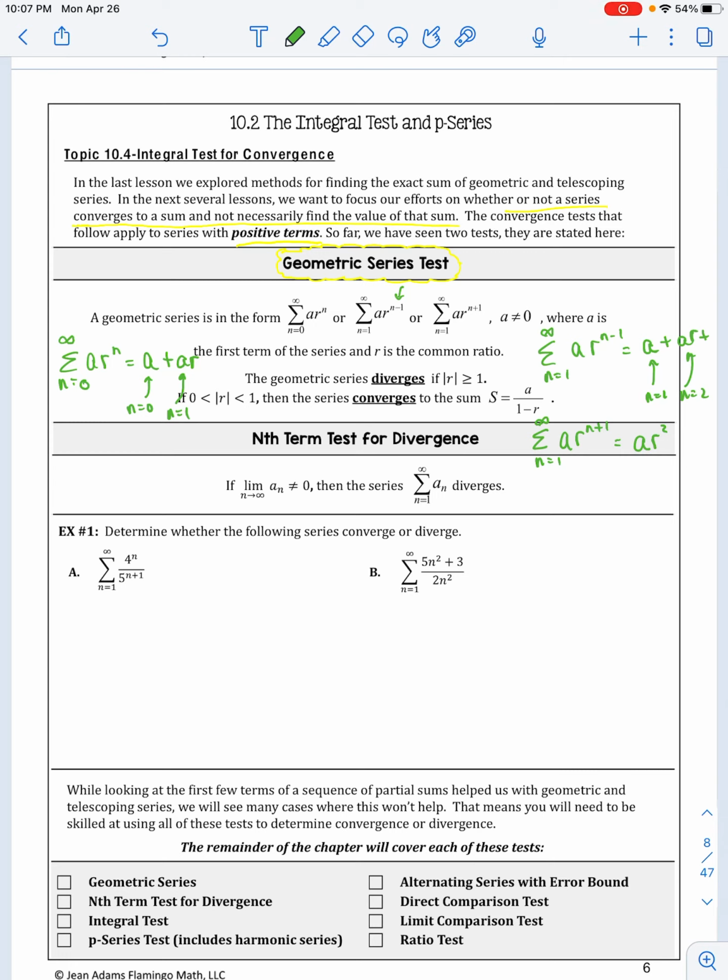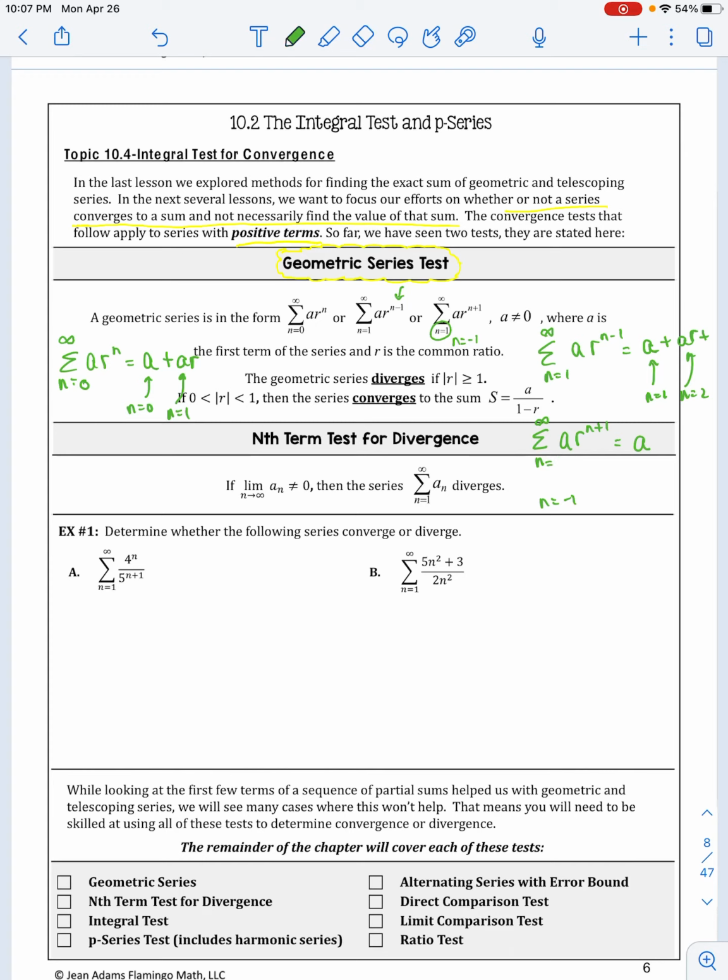What does that mean? This is supposed to be a -1, because you want your first term to always just be a. So on your paper, please change this lower limit to start at -1, okay?